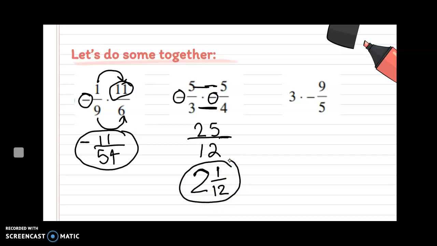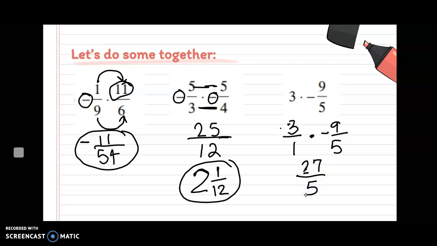The last one has a whole number. So we've got 3 times -9 and 5/10. So we're going to put that 3 over a 1 and then multiply numerator times numerator. 3 times 9 is 27. And denominator times denominator. 1 times 5 is 5.